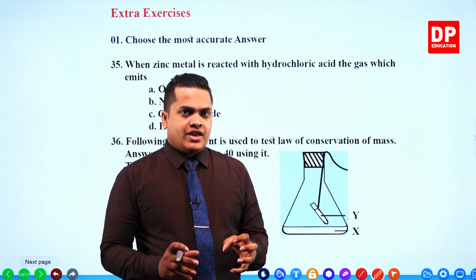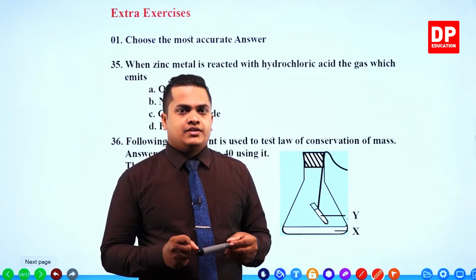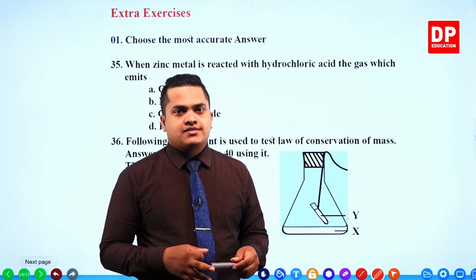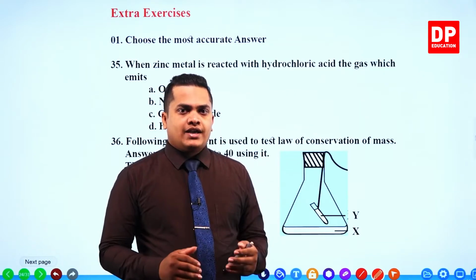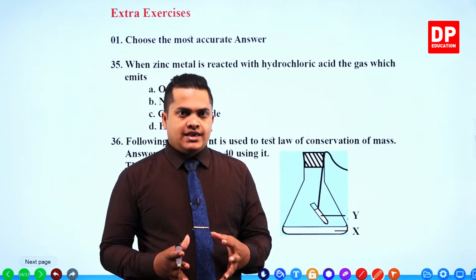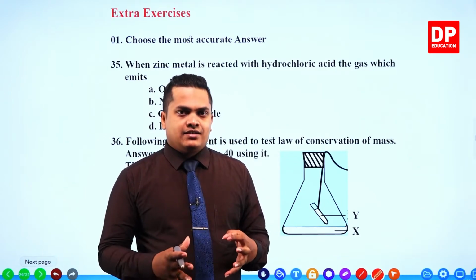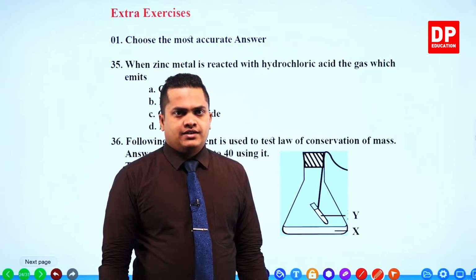I told you that during this reaction, the gas which is going to emit is hydrogen gas. This is how we prepare a sample of hydrogen gas at our laboratory, by the reaction between zinc and a particular acid. You can use any kind of acid. No need to use hydrochloric acid, right?